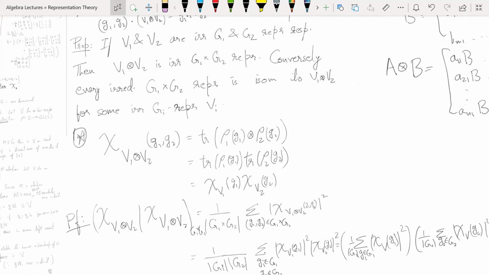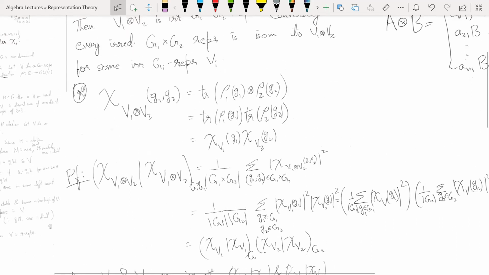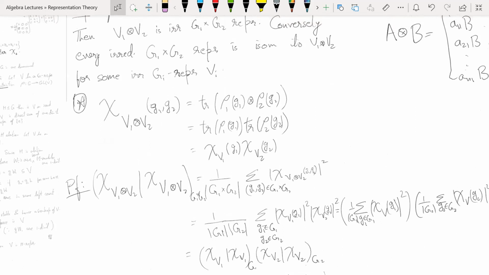Now we have to show that any irreducible representation of G1 cross G2 is of the form V1 tensor V2 for some irreducible representations. Once it is of the form V1 tensor V2, this process is all reversible, so V1 and V2 must be irreducible.